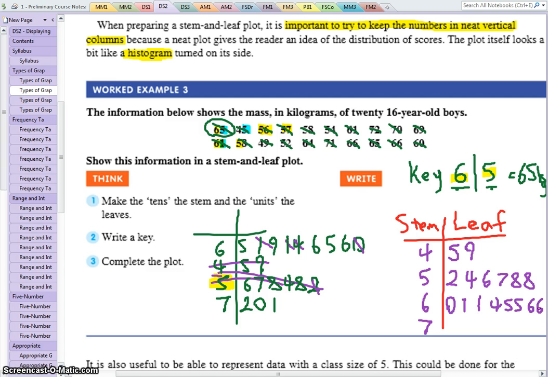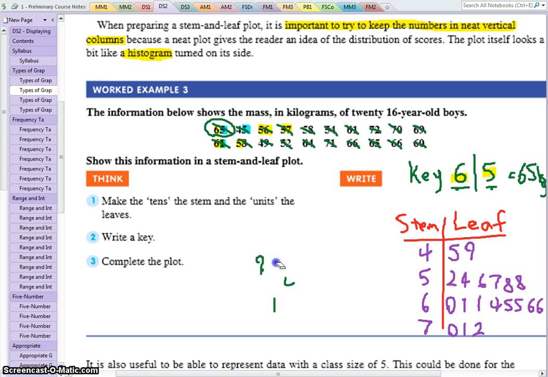And because I want it to be accurate, 2 4 6 7 8 8, and that 9's close enough to under there. And then the 7, I've got a 0 1 2. They're done. Now I can be neat and get rid of that.